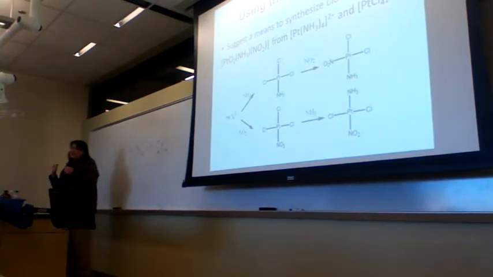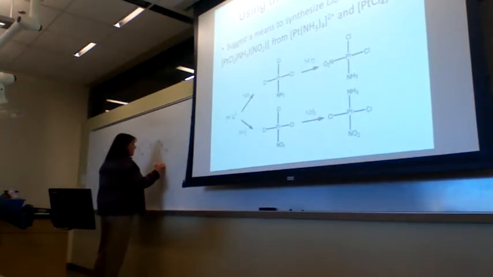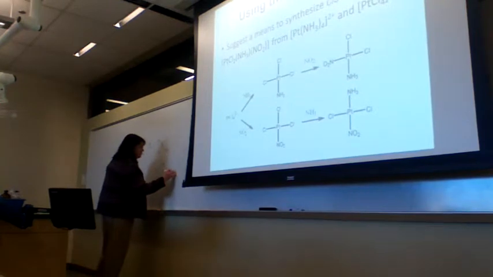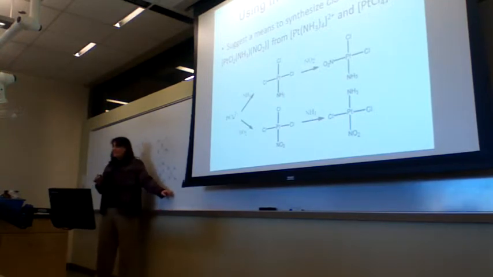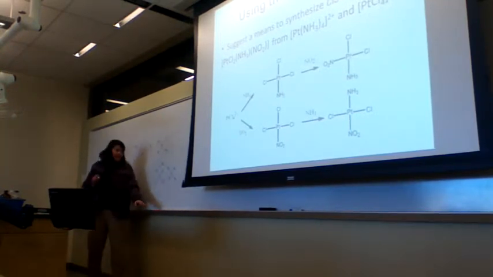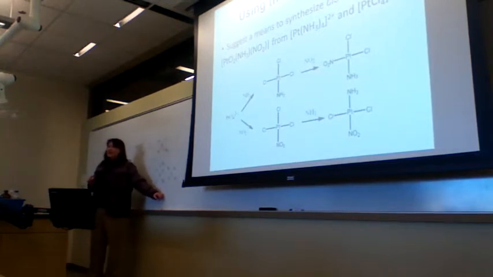Now those chlorines are kind of duking it out, right? Trans effect, they're labile, but they're not more labile than anything else. So now when we add the nitro, there is some possibility that you'll get this product, right? But mostly you will get our desired trans product.